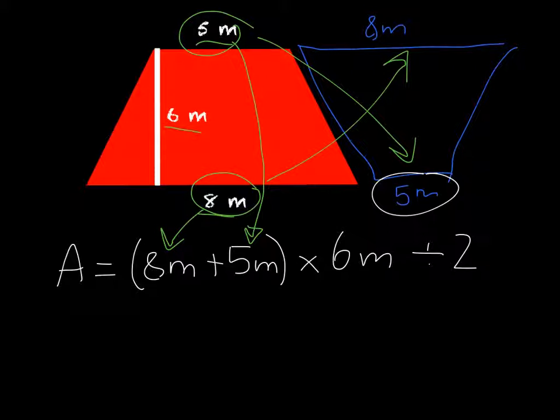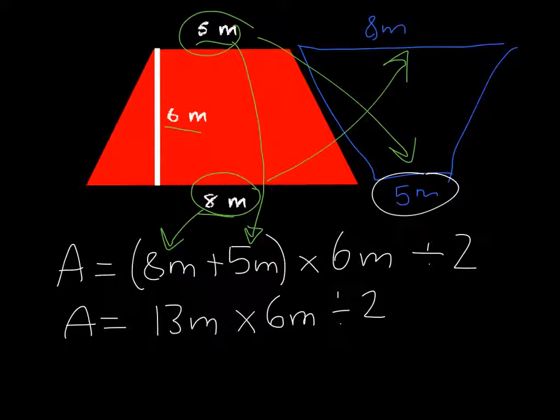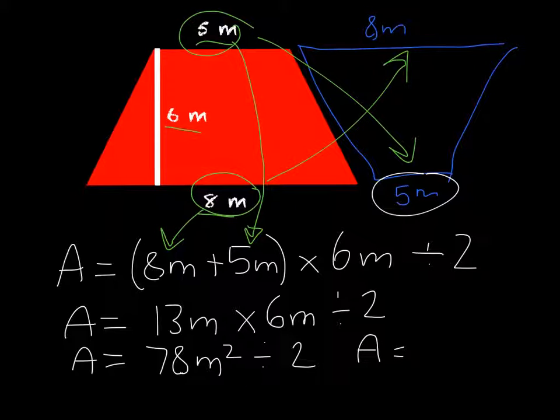So in this case, my area would equal 13 meters times 6 meters divided by 2, and that would equal 78 meters squared divided by 2, and that would equal 39 meters squared.